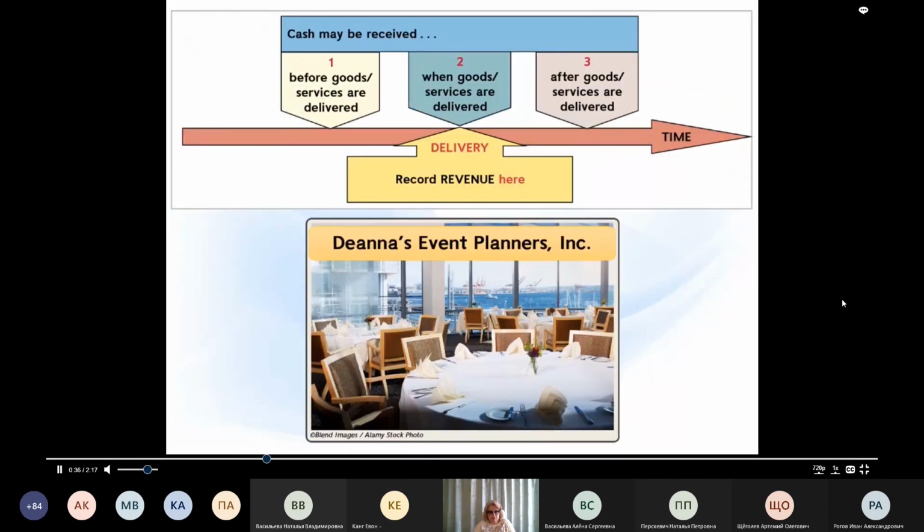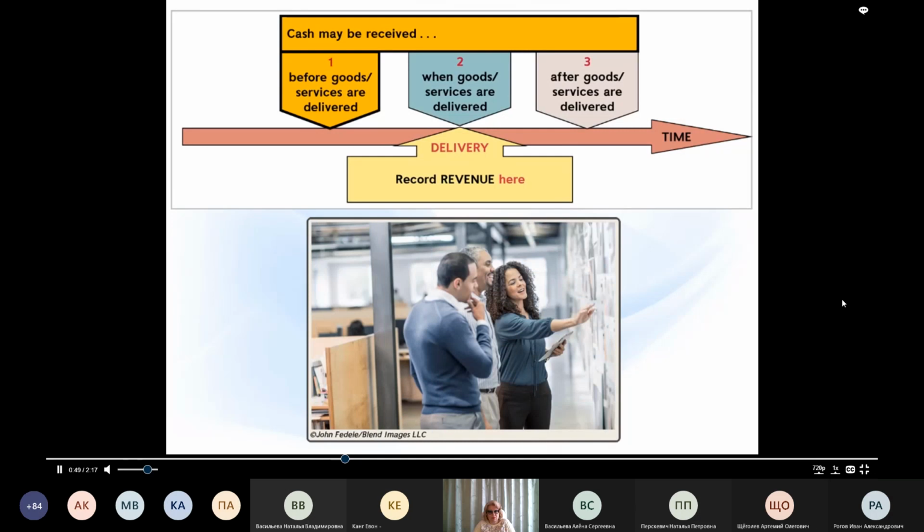Let's return to Deanna's Event Planners Incorporated and consider some of its transactions with customers. First, let's consider a situation in which cash is received before the goods or services are delivered. Recall that Deanna met a new customer in mid-December and had the customer sign a contract for $5,000 for event planning services that will be performed during February.